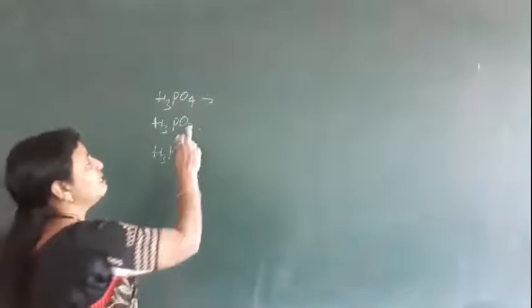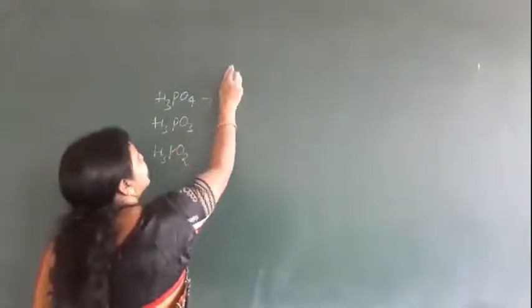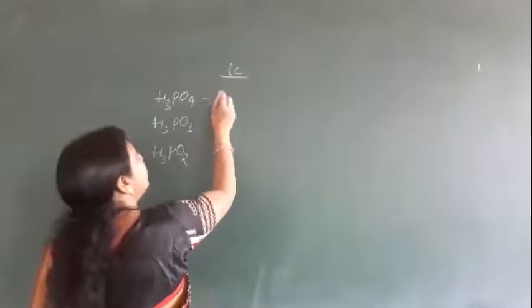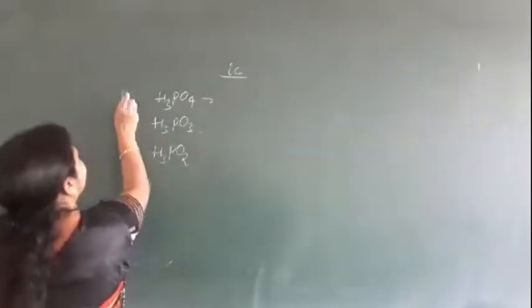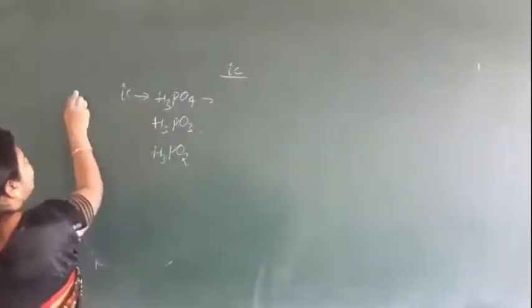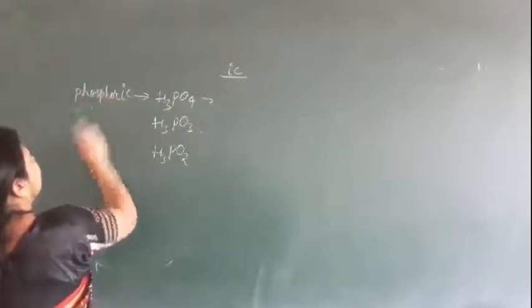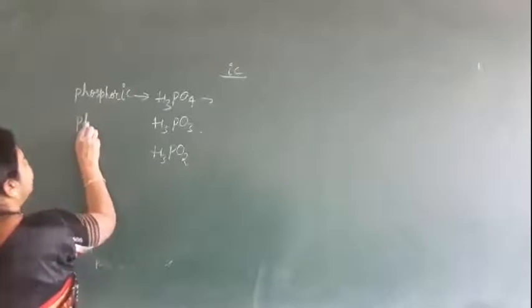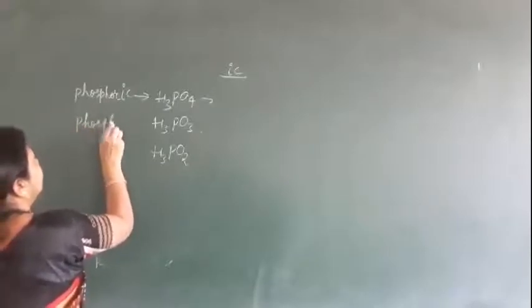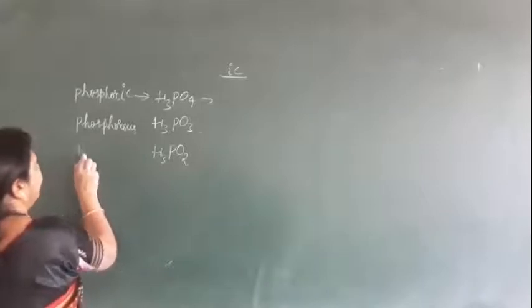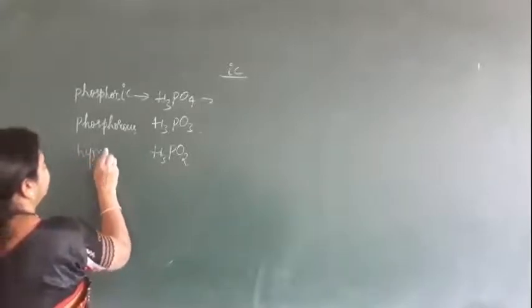With 4 oxygens it is the IC acid, phosphoric acid. One oxygen less means it is OUS. This is IC, phosphoric, and this is phosphorus, and this is hypophosphorus.